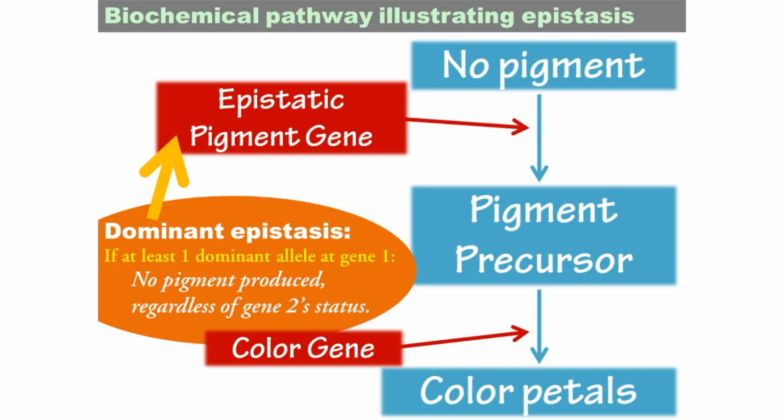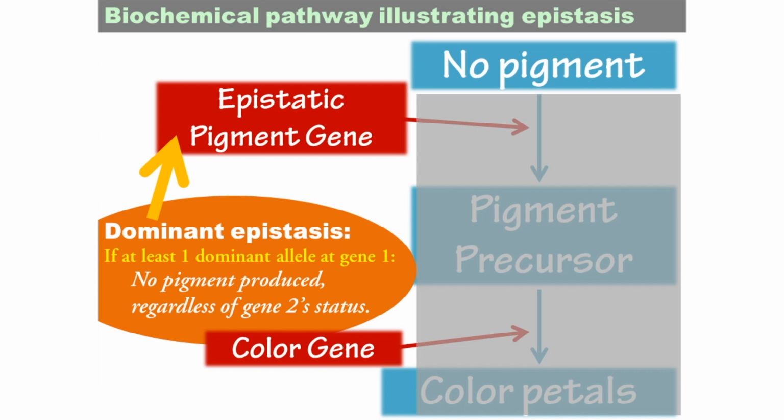So with dominant epistasis, it's the same thing, but it just says for that epistatic gene, if you have homozygous dominant or heterozygous, that one dominant allele messes it up. We get stuck at the no pigment phase because we cannot modify it into pigment precursor, and you end up with no pigment, so hence the white flowers, and it doesn't matter. You never get light red or dark red in that case.